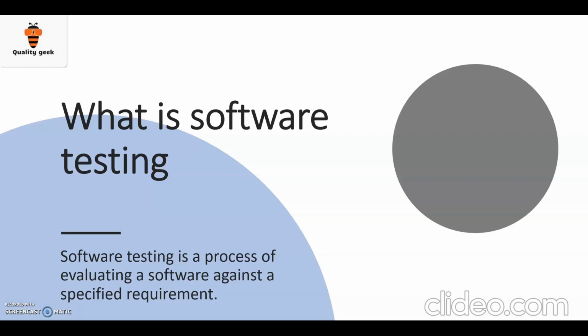So sometimes due to the involvement of a human, there are chances of error. So there comes the necessity of testing the software to check if it is as per the specified requirement. So this is the process which evaluates the software against the specific requirement from the client. So let's move on to the next slide.